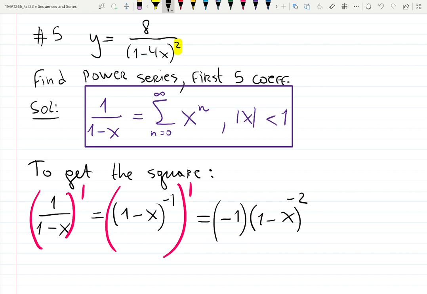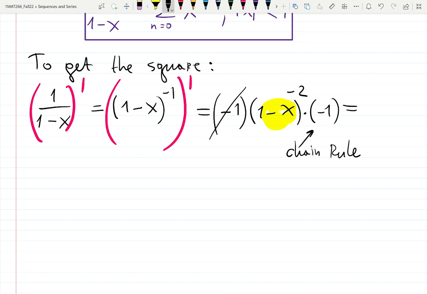Something is missing. Times the derivative of the function inside, chain rule, times minus 1. So this piece is coming from chain rule, times the derivative of the function inside. And that is why the negative actually cancels out, very convenient.